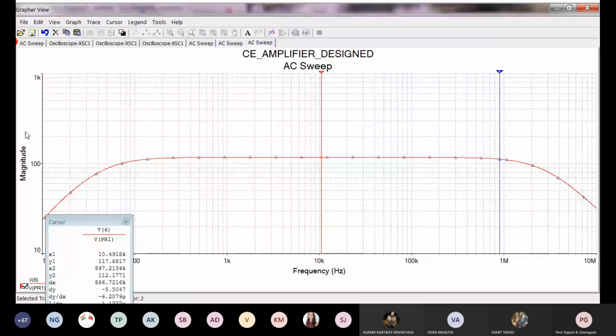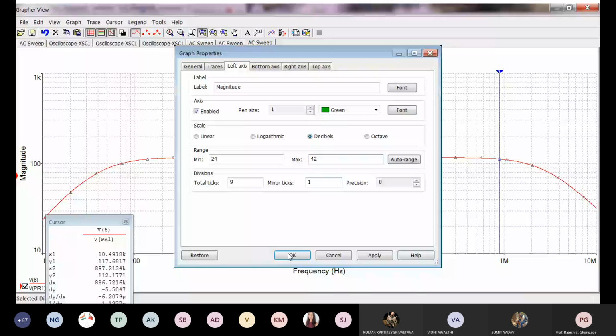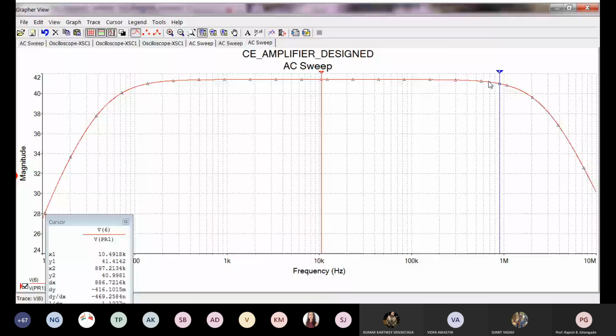When I take the model of a real device, the output goes on decreasing later on, but at a larger value. At a higher frequency, this goes on decreasing. And the reason for that is the HFE of the transistor also decreases with increase in frequency. This is what I want to bring out.